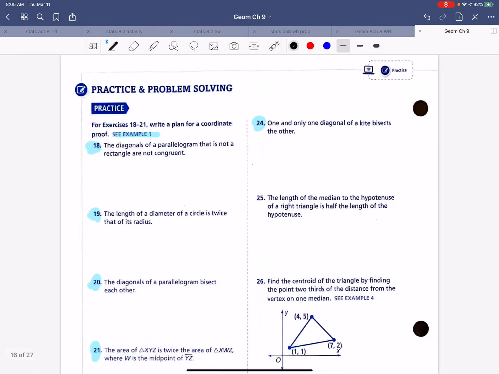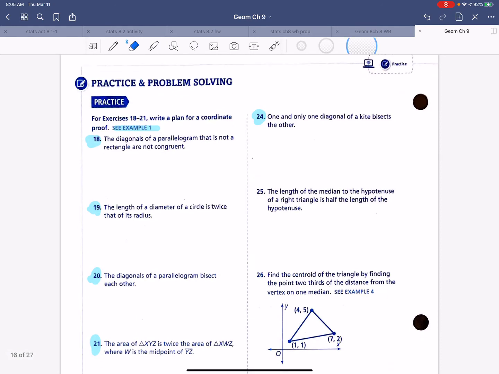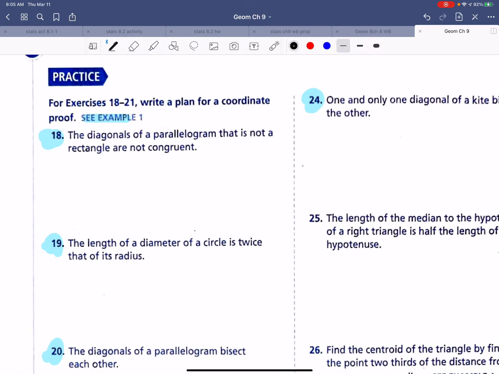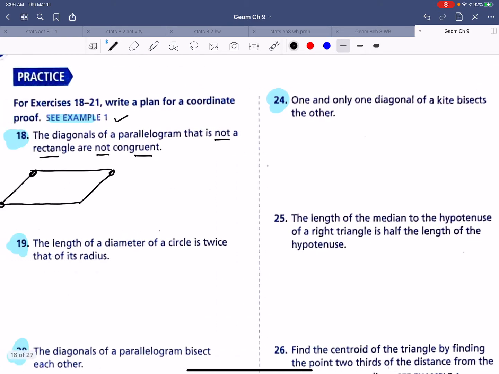The next questions they asked for our homework are 18 through 21, which are like example 1 in our notes. Okay, so diagonals of a parallelogram that is not a rectangle are not congruent. So we can draw, you'd be wise to probably use graph paper here.